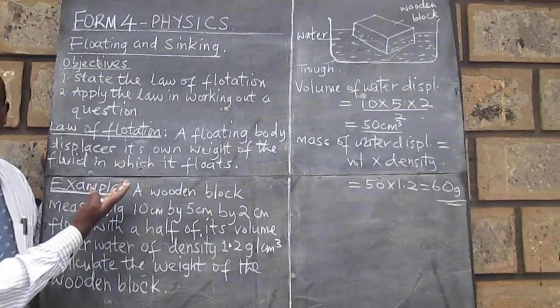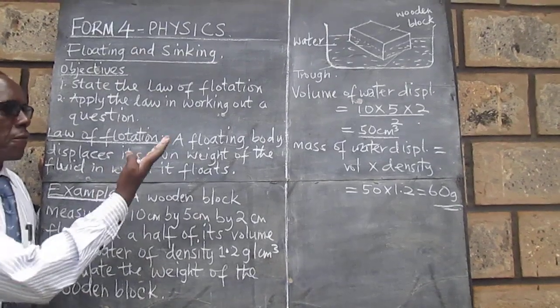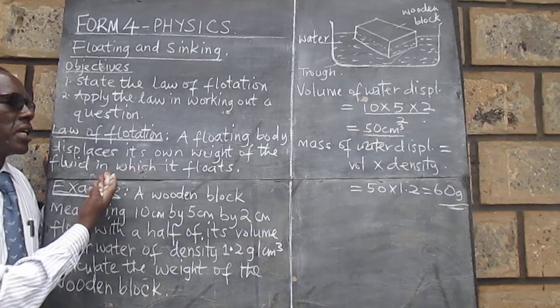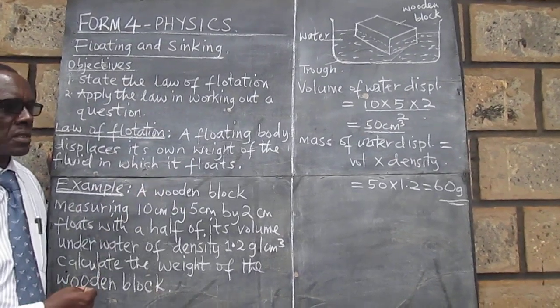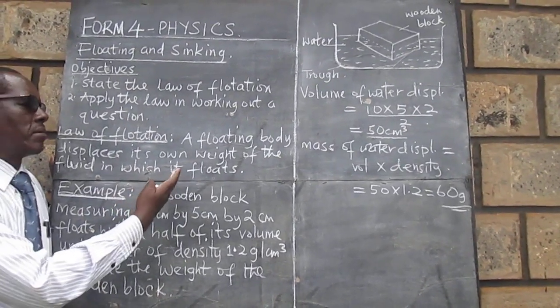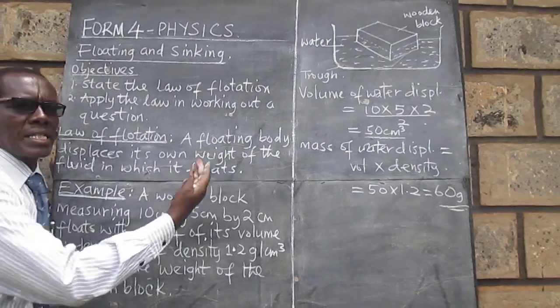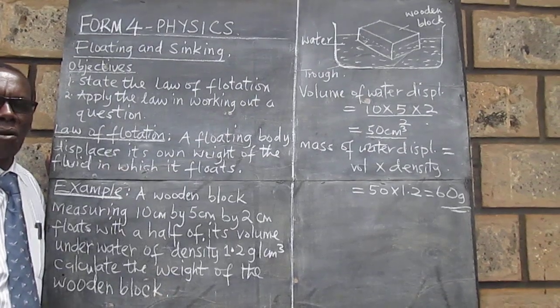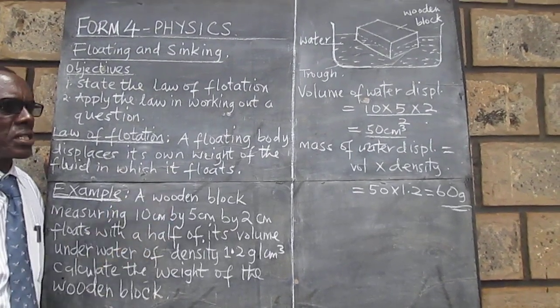So again, going back to the law, a floating body displaces its own weight of the fluid in which it floats. The same, we could say, displaces its own mass of the liquid or fluid in which it floats.